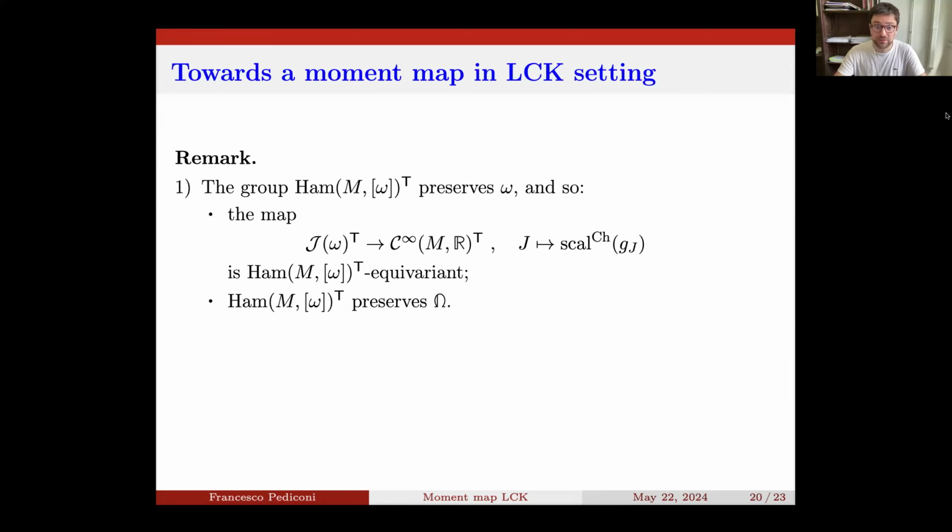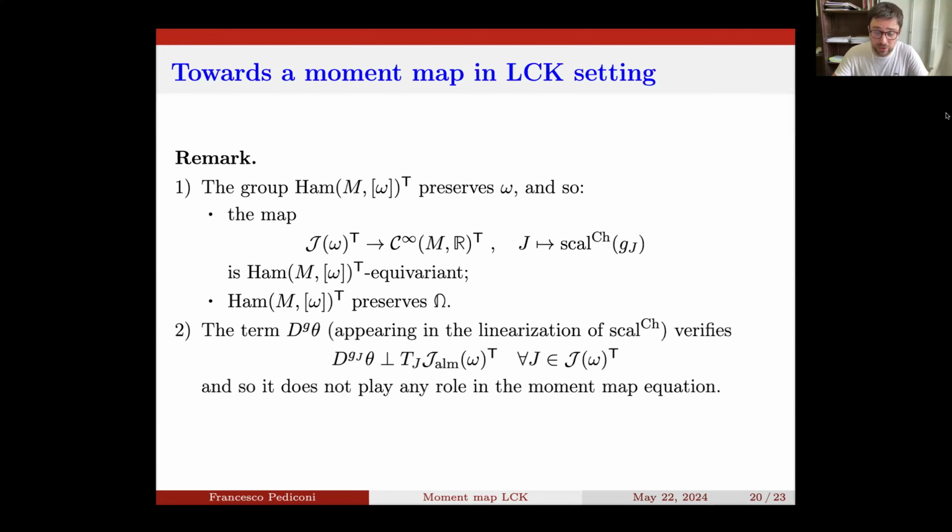And so by this fact, it follows that the Chern scalar curvature is equivariant, and the twisted Hamiltonian action preserves the infinite dimensional symplectic form. And concerning the second problem, the term that we weren't able to deal with turns out to be orthogonal to the tangent space of those complex structures that are also T-invariant. So actually, it cancels. It plays no role in our moment map equation.